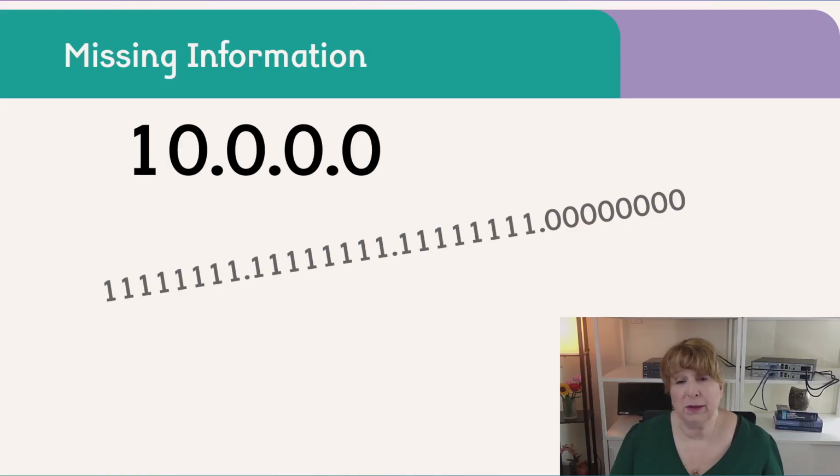Computers need one more piece of information. To understand how computers determine the network and host portions, we have to have a subnet mask. In the next lesson, which should be linked up here, we'll see how computers actually use a subnet mask to determine the network portion and the host portion of an IPv4 address.